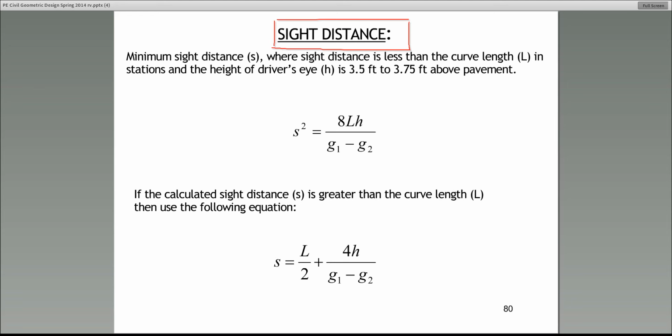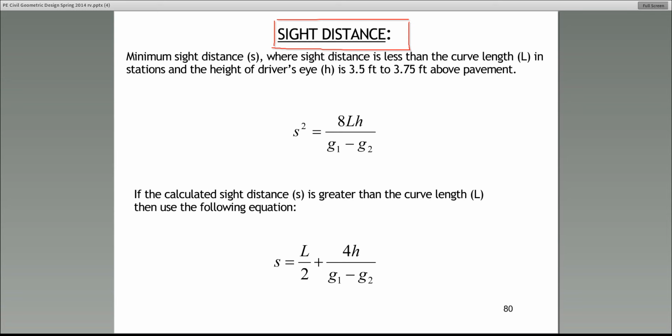This is the concept of sight distance, and then the next concept I'll cover today is vertical clearance, which is also a typical class of problems. We may go over time about 5 to 8 minutes today, if it's okay with you guys.